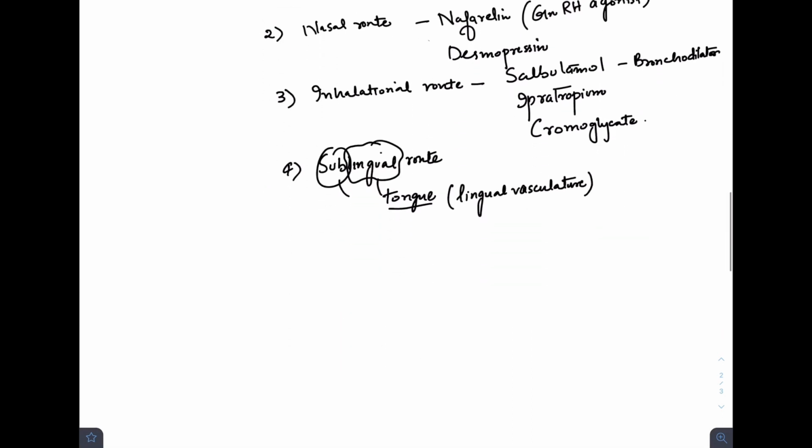If I am putting the drug beneath the tongue, I can also control the drug. Once I get the desired action, I can spit the drug out. The amount of drug which gives the desired effect, that much I will accept, and only the remaining I will spit out.